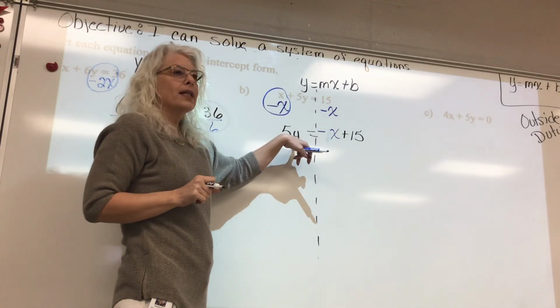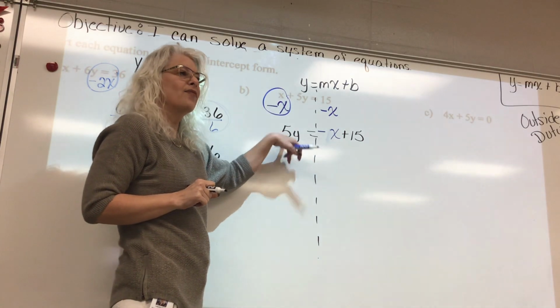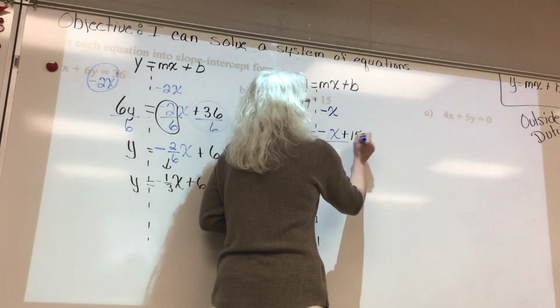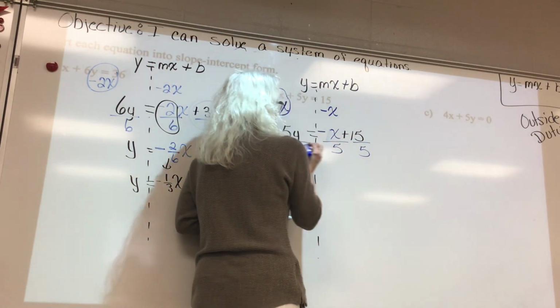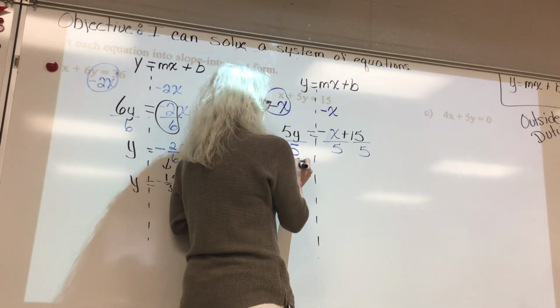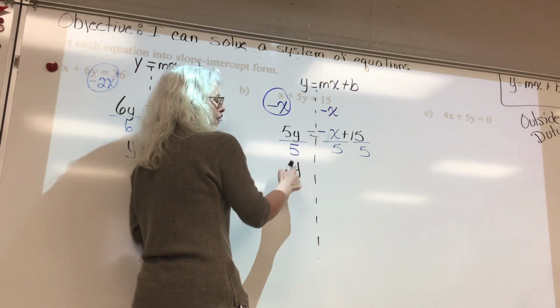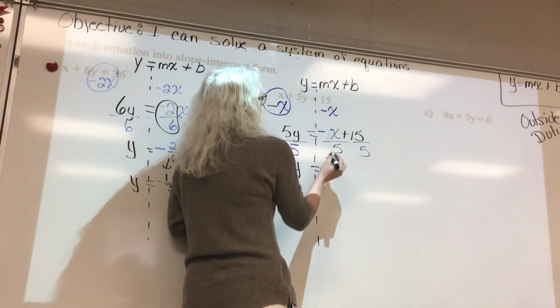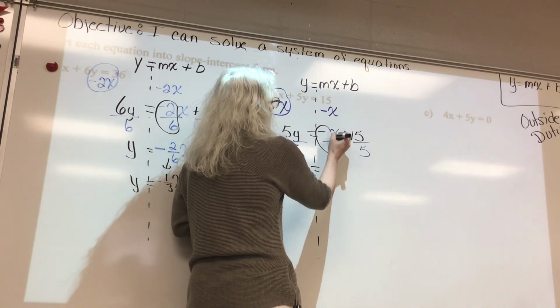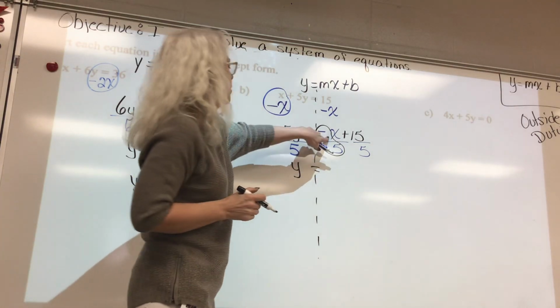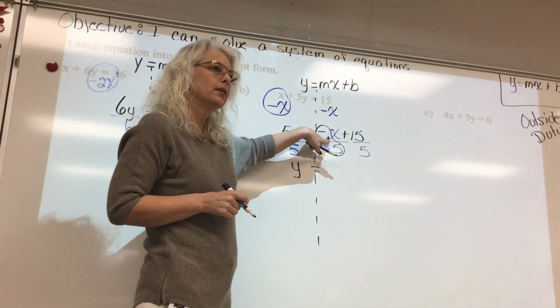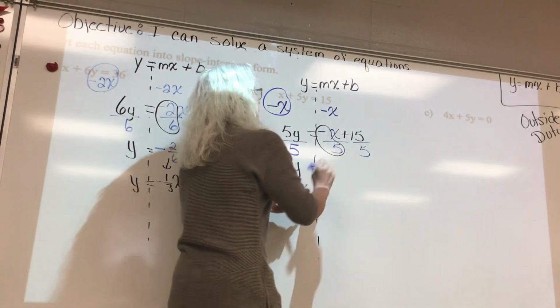Does the y belong on the left side? Yeah. Does the 5? No. So you're going to rip it off by dividing everything by 5. 5 divided by 5 is literally 1y. There's not a number on my numerator, so what do I use, Eli? 1, absolutely.